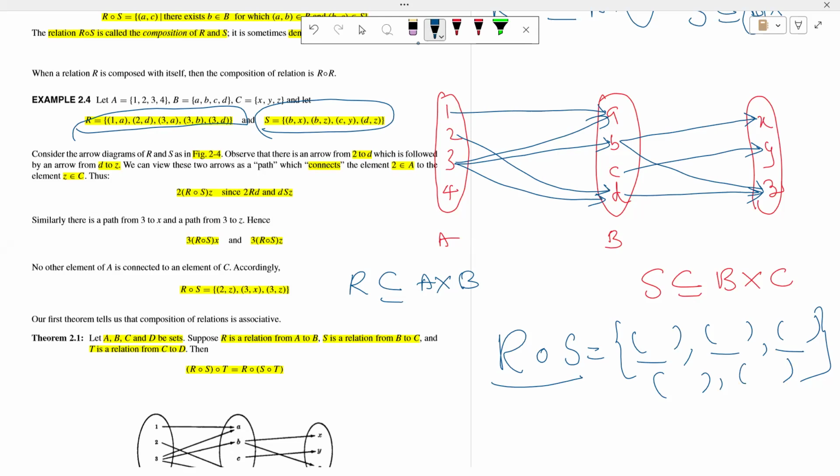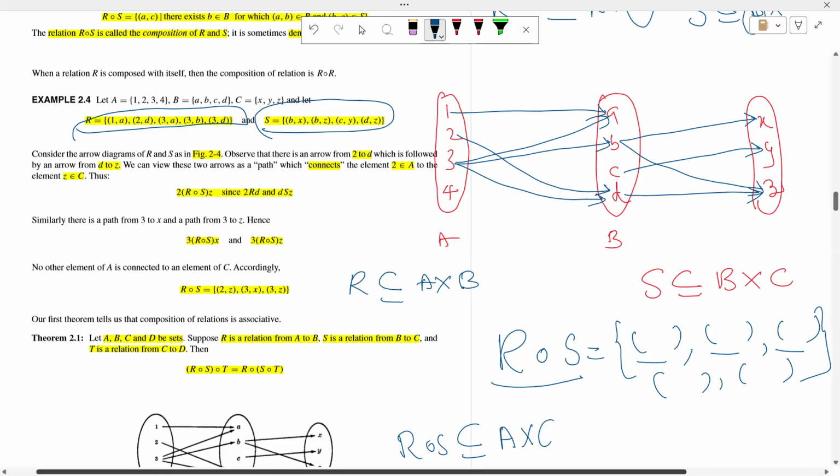How do we find these ordered pairs of R of S? We know that R of S is a relation, and it is a subset of A cross C, right? Did you get my point?